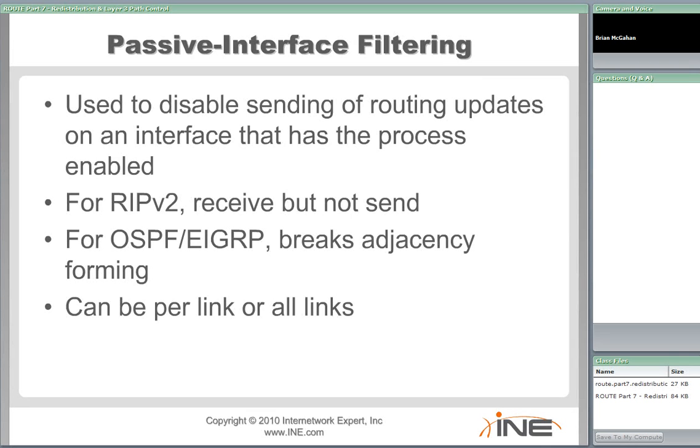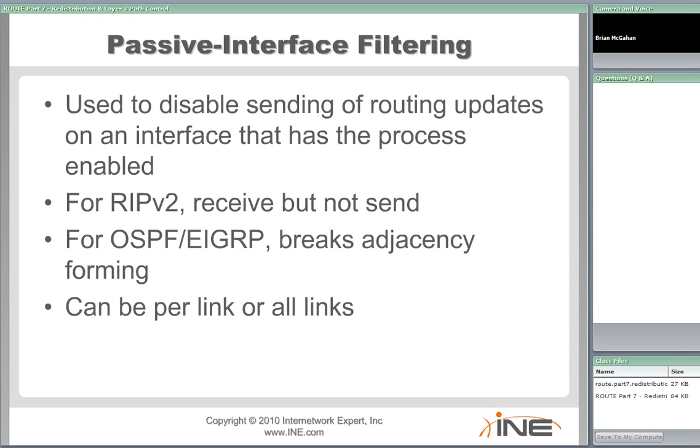So let's say on your access layer switches, if you're running layer 3 routing on the access switches, you wouldn't want the VLAN interface itself to be sending OSPF hellos, because you don't want someone to be able to plug their laptop into the network and start hearing OSPF hellos from the network. So you would specify that as a passive interface.